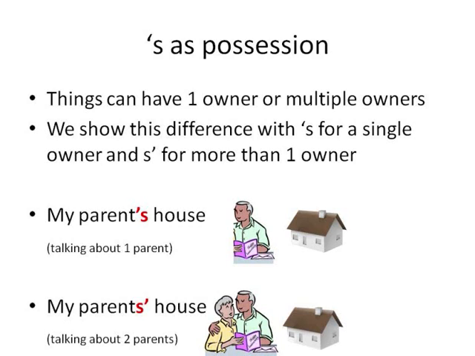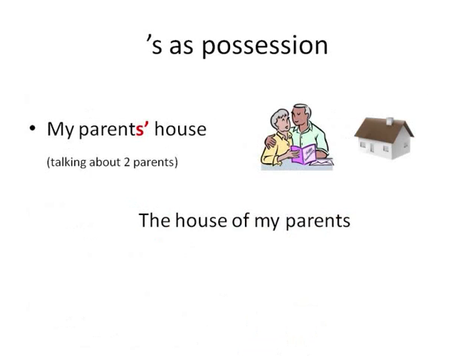So if we have a look at this structure again, my parents' house. That means the house of my parents, both parents. Now if we extend that structure, that means the house of my parents.